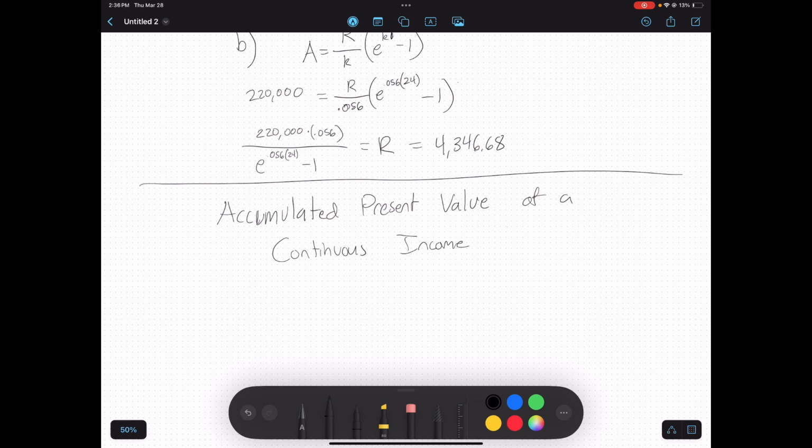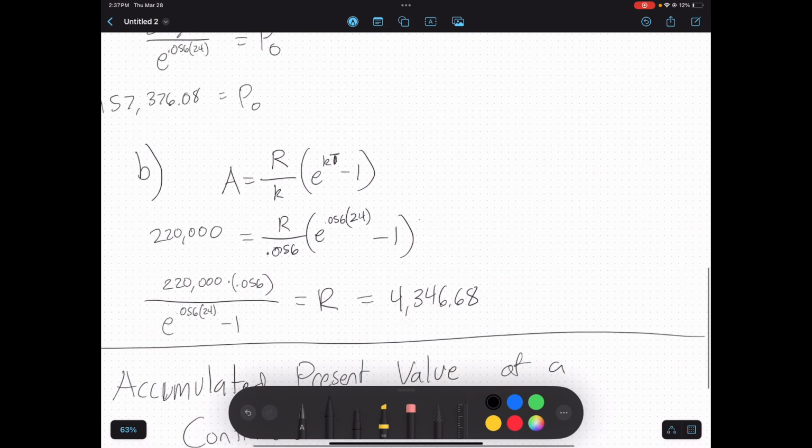Well, if I contribute, say for our beginning example, $36,500 to an account at 4% interest for 4 years, future value is what that is going to be worth after 4 years. Present value, accumulated present value, is what is that worth right now? What is that the same as investing?